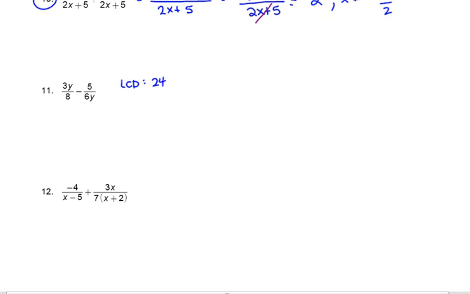And we also have a y in the denominator, so that's going to be part of the lowest common denominator. So you have to include all variables. Okay, so to make this 8y into a 24y, what do we have to multiply top and bottom by? 3y.